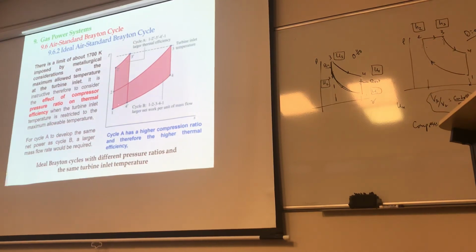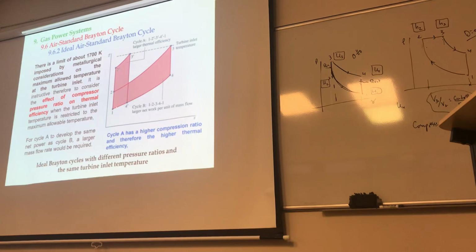So remember what 1, 2 does? This is the compressor, right? 1 is the entrance to the compressor, right? And then 2 to 3, this is the exit to the compressor. What happens between 2 to 3? Your heat addition, right?